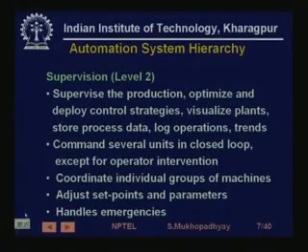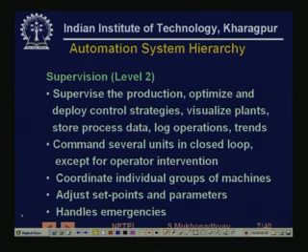Then the supervision level takes this and firstly finds out the configurations of these machines as they have to be configured for a particular manufacturing, and runs these machines accordingly, downloads the configurations and gives the proper commands, such that the machines actually start producing. They also supervise the overall production process. They optimize and deploy control strategies. So they manage the whole production.